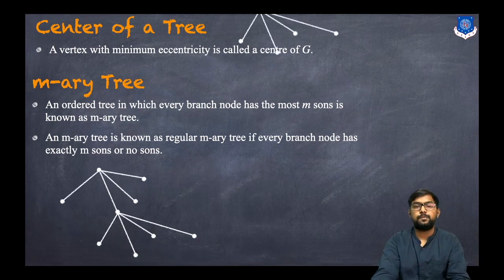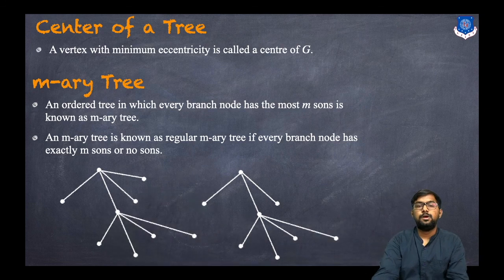Now consider these two graphs. If every branch node, and we know a branch node is a vertex having more than one degree, has at most m sons, it is known as an m-ary tree. And a regular m-ary tree means it has exactly m sons or no sons.